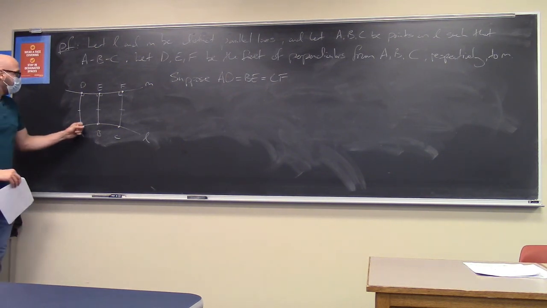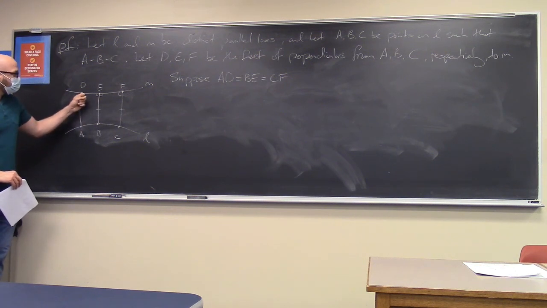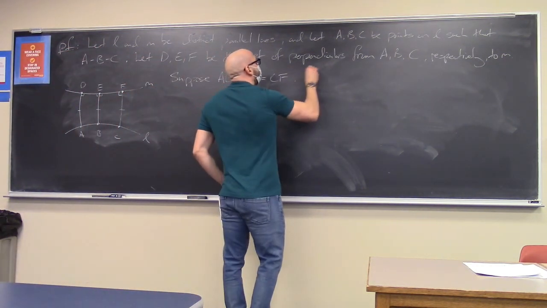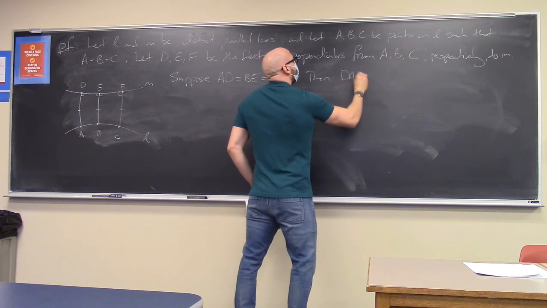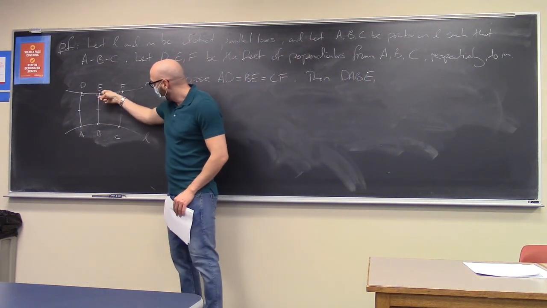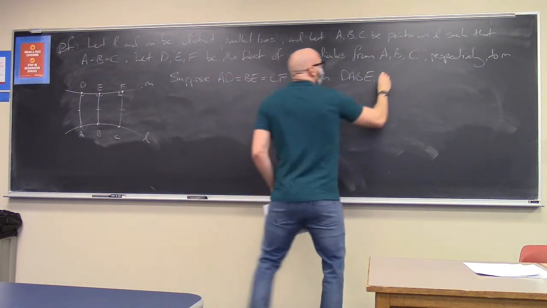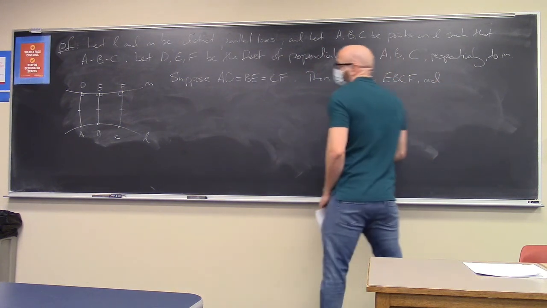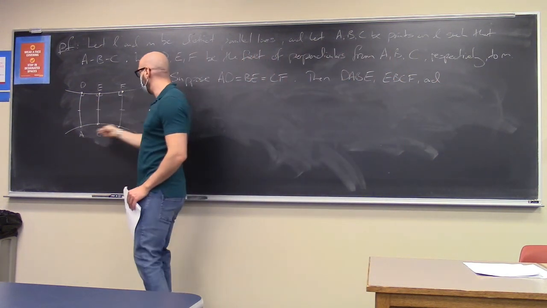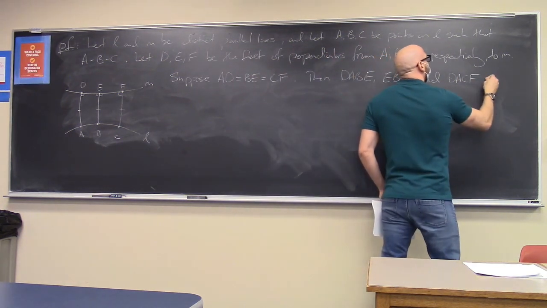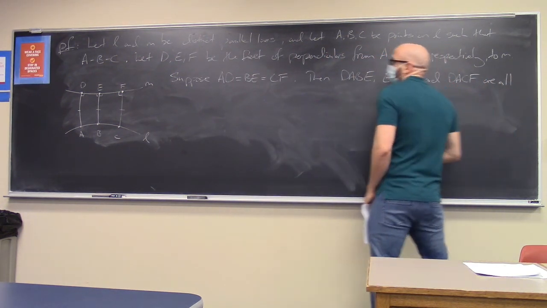These are the bases, so how about we call them DABE, EBCF, and the whole big thing, DACF. These are all Saccheri quadrilaterals.